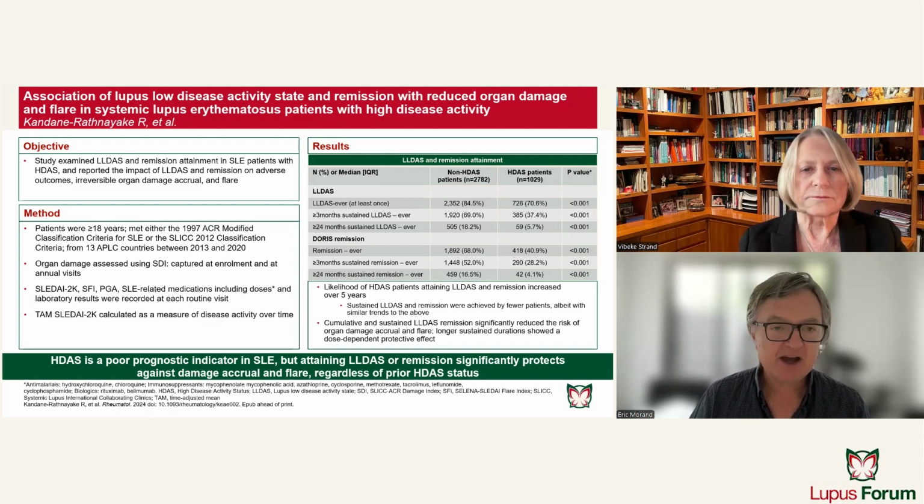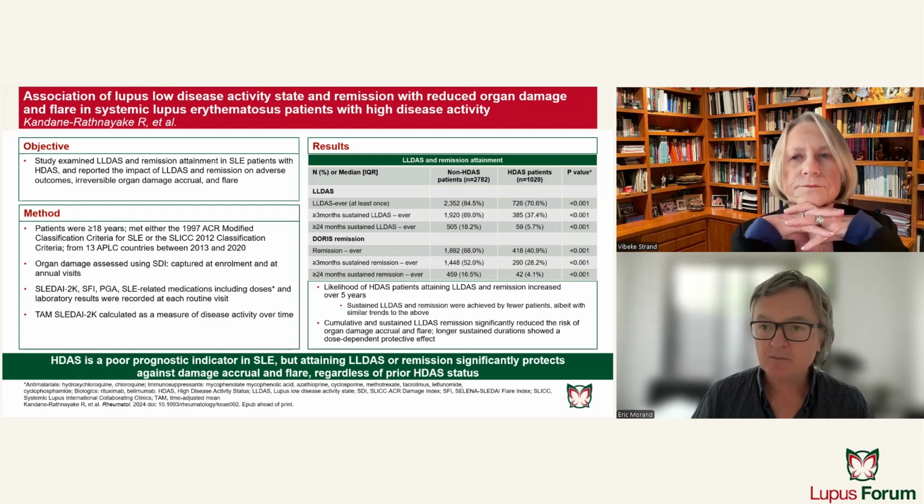And to have a SLEDAI of 10 or more, you have to have at least one major organ affected, such as CNS or vasculitis, or multiple other organs affected, such as renal, cardiac, serological, skin, hematological, etc. And either of those cases represents a patient who's in trouble.